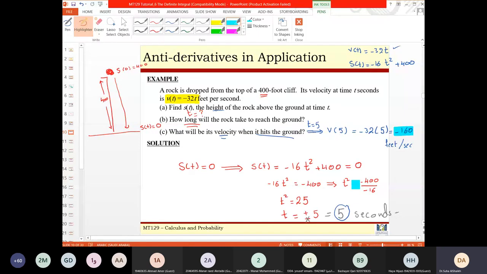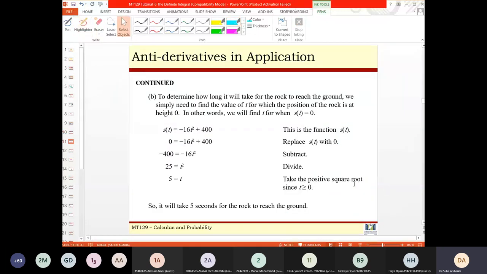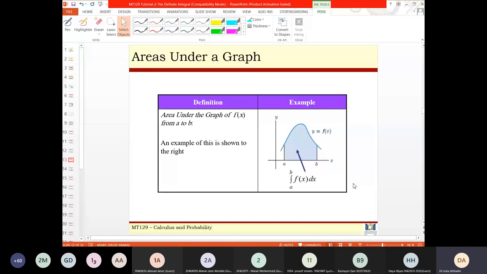It could come as an essay question, why not, but I'm telling you it usually comes as a multiple choice question in the final. So this is one important application of the integration or of the antiderivative, which is when we talk about the moving particle, explaining its speed, velocity I mean, and the acceleration.